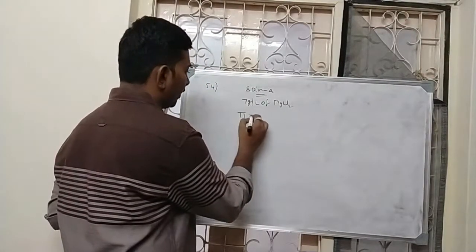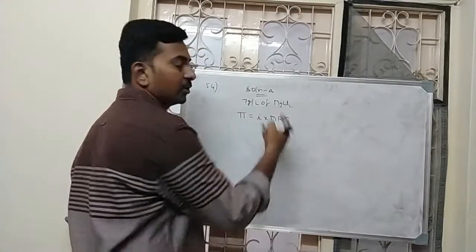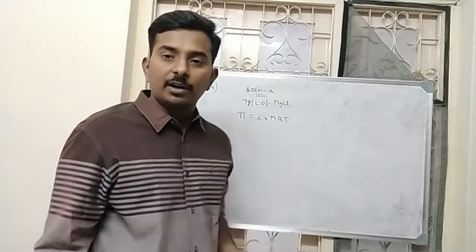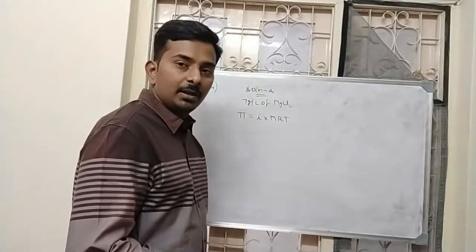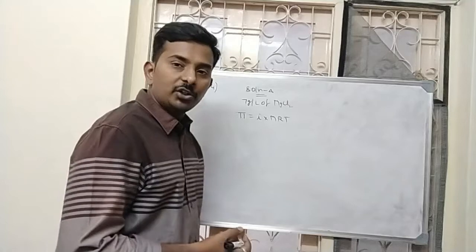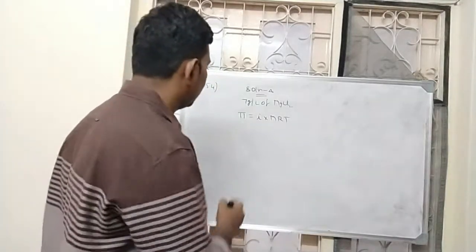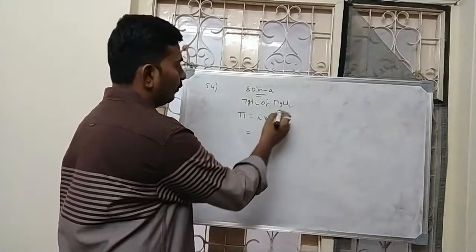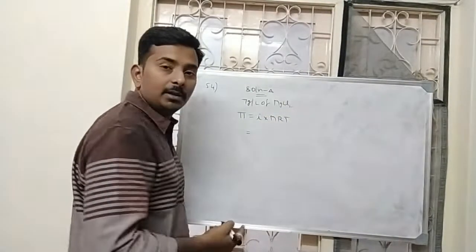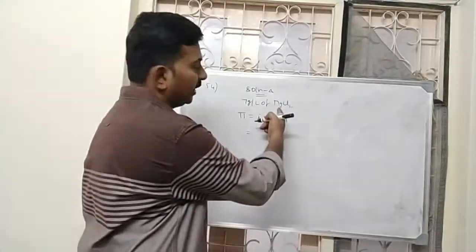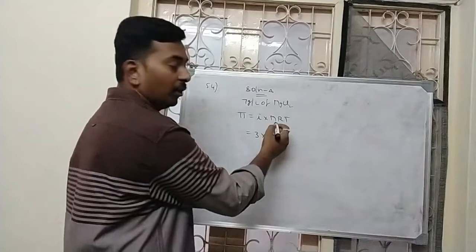I need to calculate the osmotic pressure of this. Osmotic pressure pi is equal to i into MRT, because this is a salt which undergoes ionization, so I need to consider the Van't Hoff factor. As the alpha value is not mentioned, we always take it as 100% ionized. The i value for this will be 3, because magnesium chloride on dissociation gives 3 ions in total, 1 magnesium and 2 chloride ions. So i is 3 into molarity.